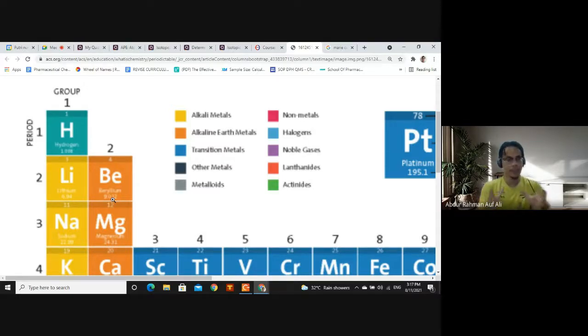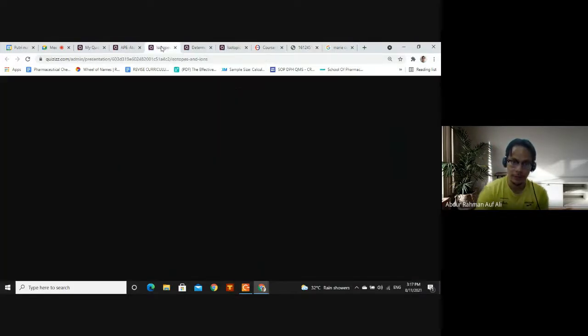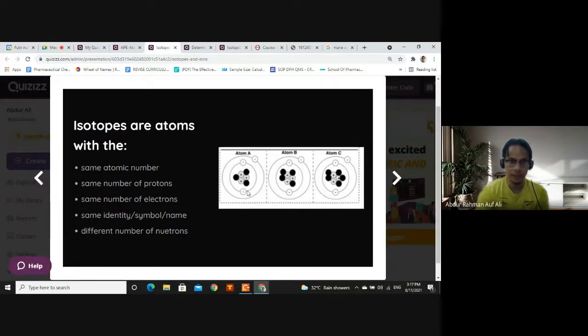So jisim, berat sesuatu atom, the mass that you see on the periodic table ni adalah berat nukleus, campuran proton dan juga neutron. So going back to isotope tadi, okay, this person discover this element, dia punya bilangan proton sama, dia punya sifat sama, tetapi bilangan neutron berbeza. How do they know that?